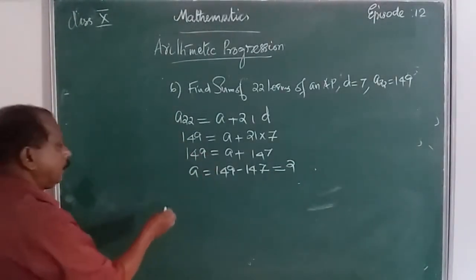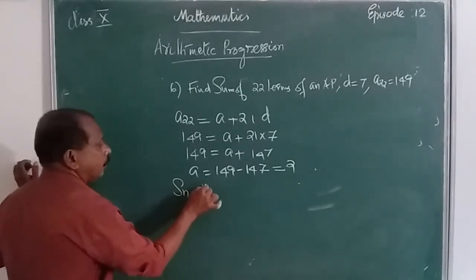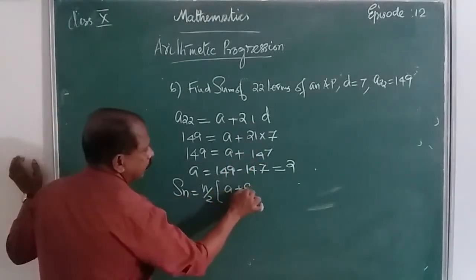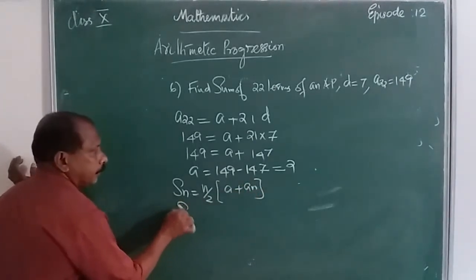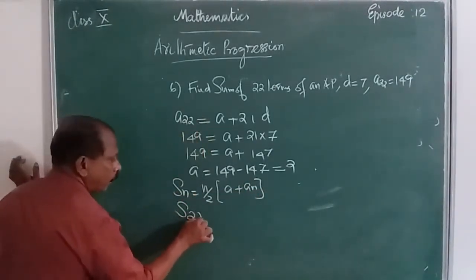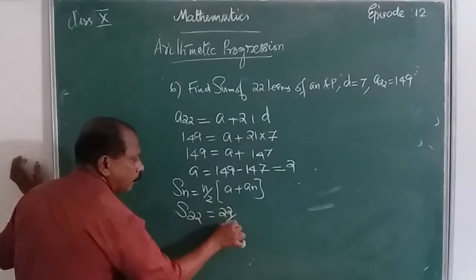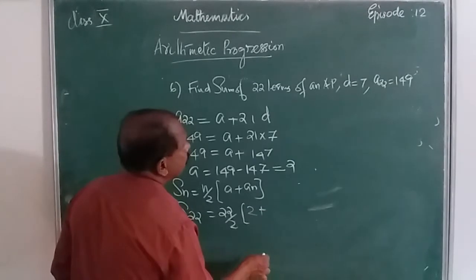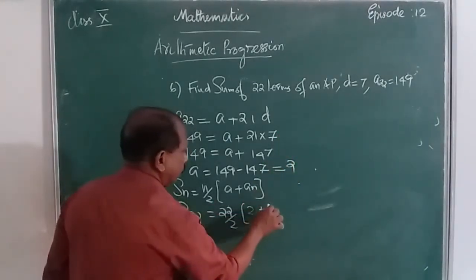Therefore, the sum Sn is equal to n by 2 into first term plus last term. That is S22. So, 22 by 2 into what is A? 2. What is the last term? 149.